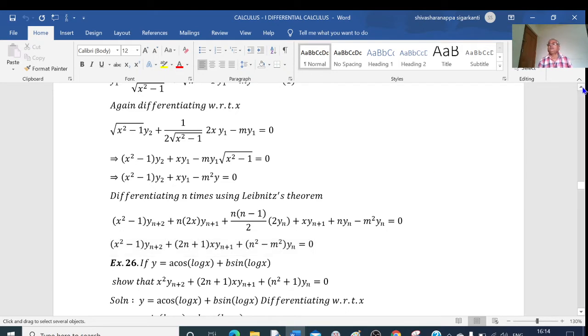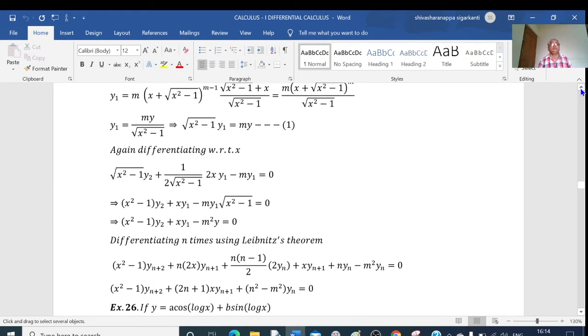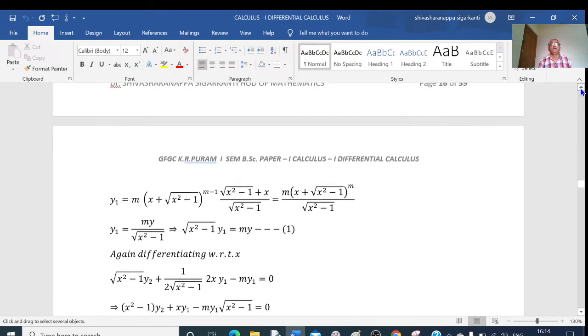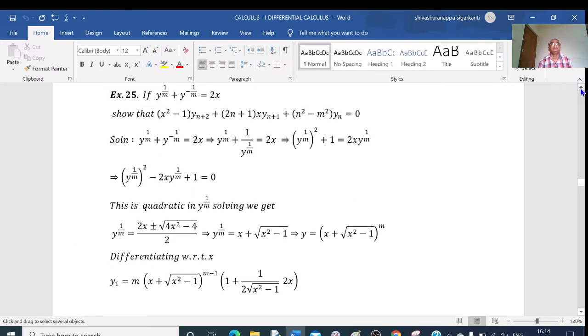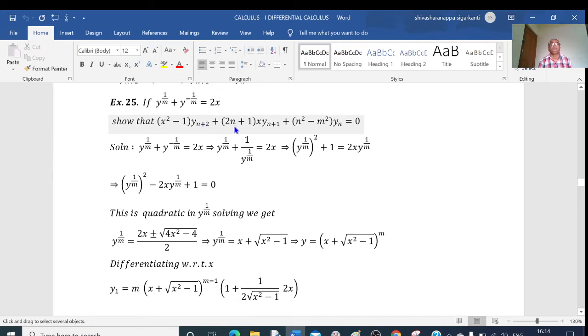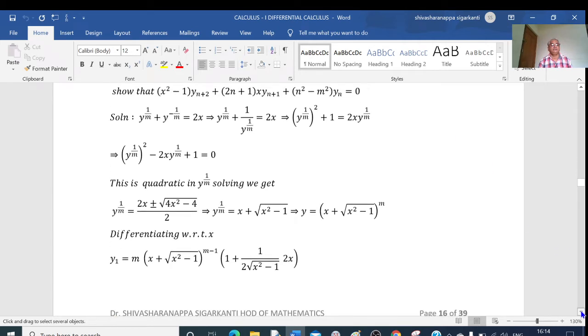This is the required equation: (x² − 1) into y(n+2) plus (2n + 1) into x into y(n+1) plus (n² − m²) into yn is equal to 0. This is the required equation.